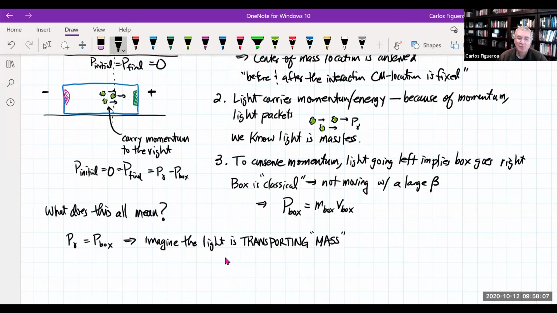It's transporting mass because remember, the total momentum of the system is fixed. And what's associated with the total momentum is the center of mass. So if mass goes to the right, there has to be something going to the left. So it's transporting mass to the right side.